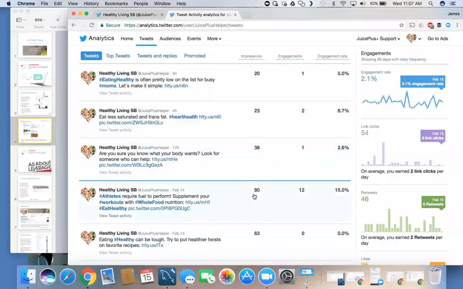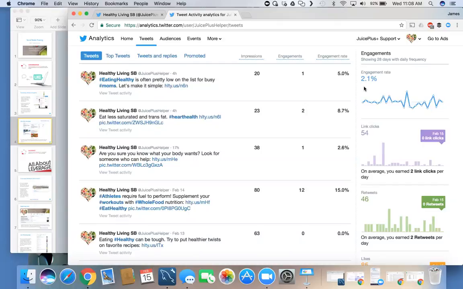Impressions, remember, is just sheer readership, and so this is your engagement rate. The average engagement rate on Twitter is 0.1%. Okay, 0.1%, because 99.9% of the activity on Twitter is simply reading and consumption.